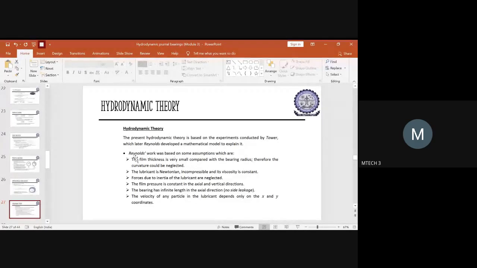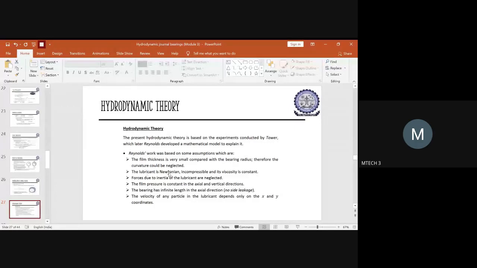The second thing is that the lubricant he used is basically a Newtonian fluid, wherein the viscosity will remain constant irrespective of the pressure applied across the contact area. Apart from that, they assume it is an incompressible lubricant and its viscosity remains constant.